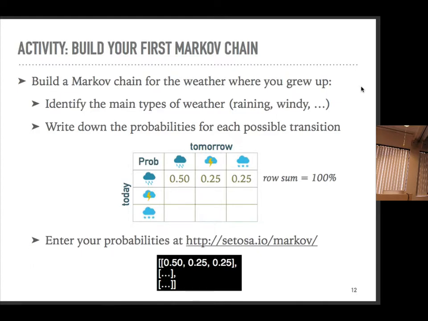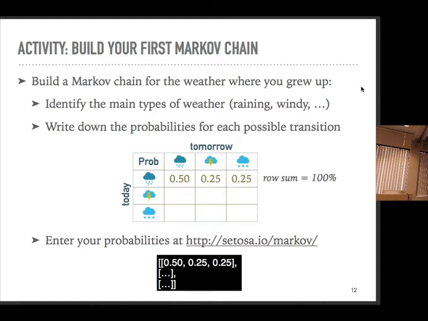Rain about 90% of the time. Okay, so rain 90% of the time, but on a rainy day, what's the probability the next day is rainy or sunny? That's what we're trying to do.